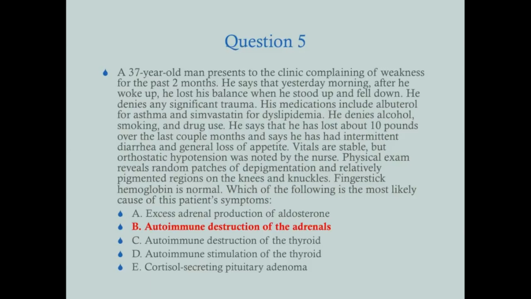So going down our answer choices here, excess adrenal production of aldosterone, what's that called? That's called Conn syndrome, and so that would be sort of the opposite of what we've got here. Conn syndrome, we don't see it very often because it's pretty much scantily symptomatic. Doesn't really show up with a whole lot of symptoms.